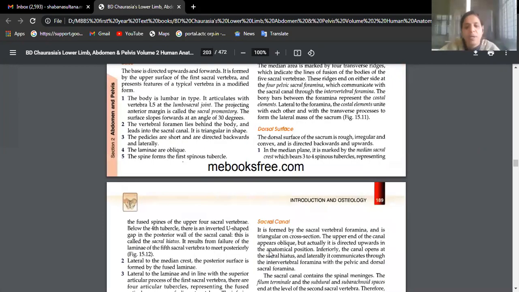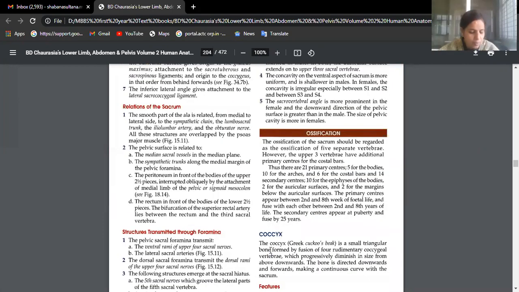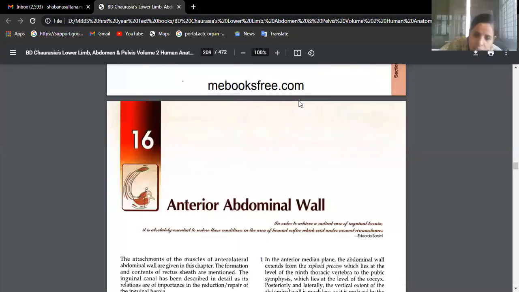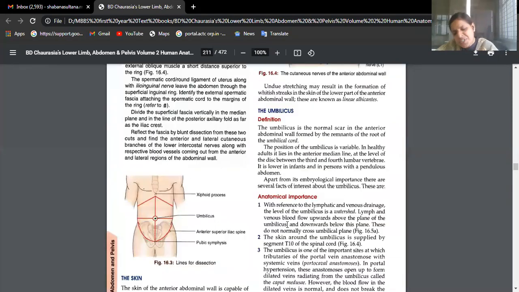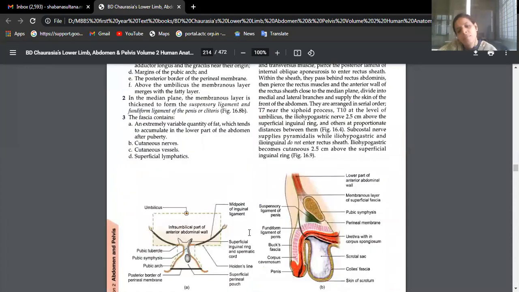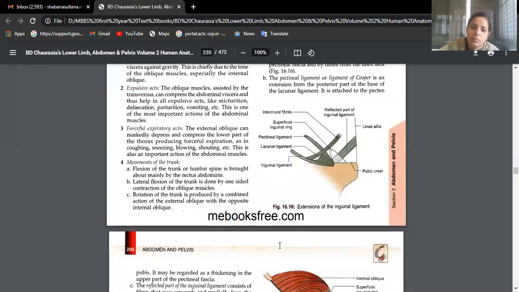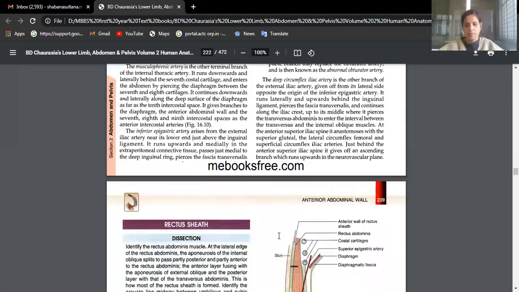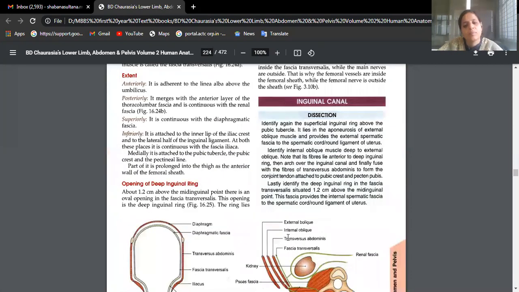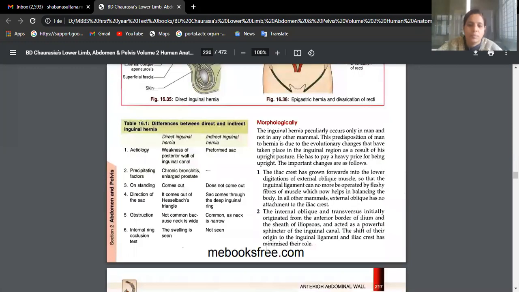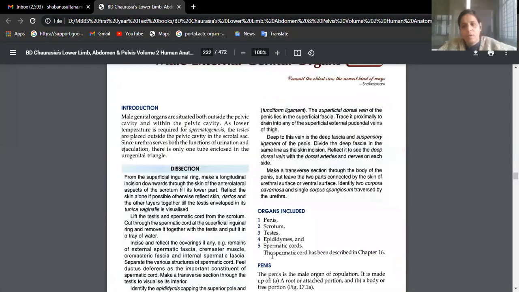Then lesser omentum, can you tell me about lesser omentum? Few questions only are there. Meghana, do you remember lesser omentum? Just tell me where it is present. Okay, beta.